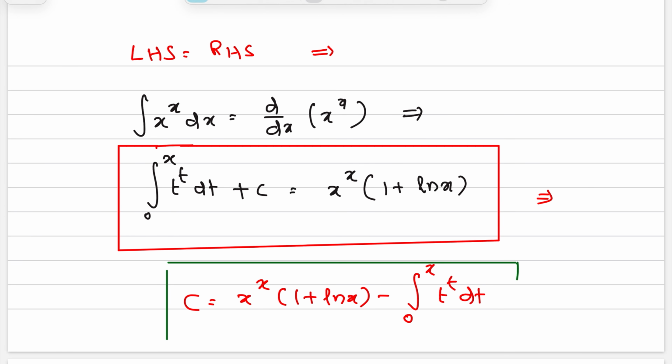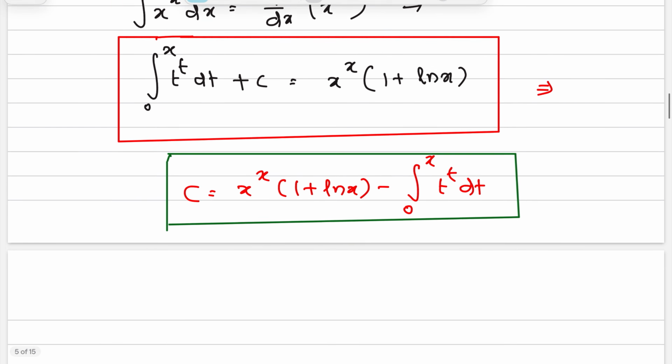Now, once we find out the value of c, then we can find out the value of x. Now what we have got? C is equal to x to the power of x into ln x plus 1 minus integral 0 to x t to the power of t dt.